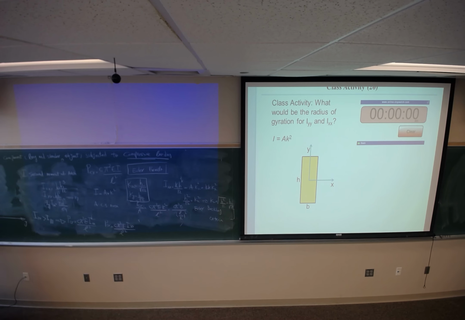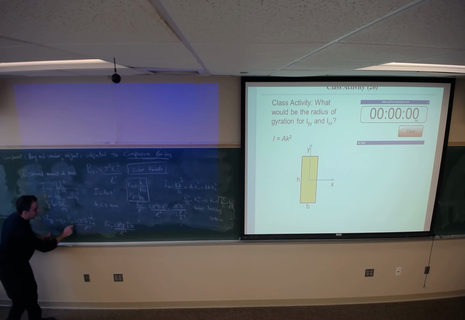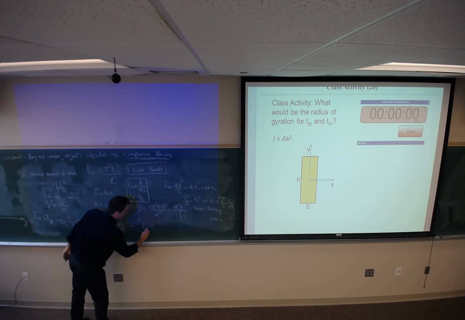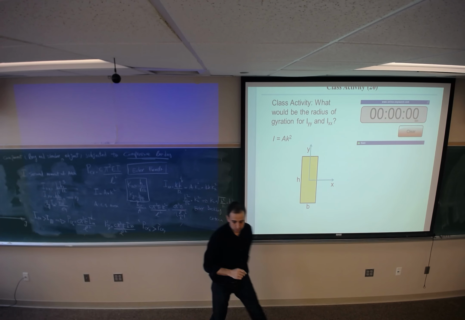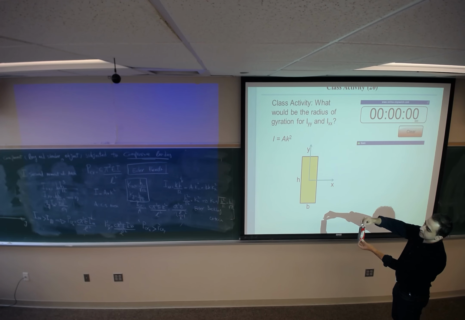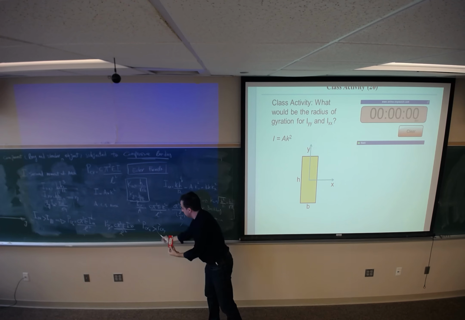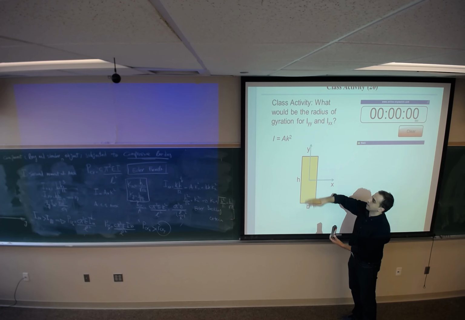So since IXX is greater than IYY, P critical for X is greater than P critical for Y. So when you increase the load from 0, first you will reach this one. So the buckling is going to first occur about the y-axis.